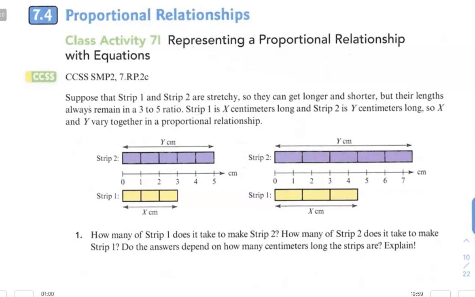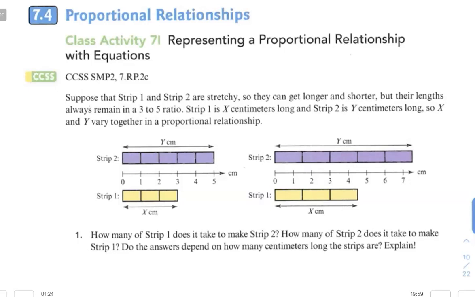In activity 7i, for example, we have two strips, strip 1 and 2, and they're stretchy, they're elastic. But when you stretch one, you stretch the other one just as much, and their lengths stay in a 3:5 ratio proportion. If we started with strip 2 being 5 centimeters, then strip 1 would be 3 centimeters.